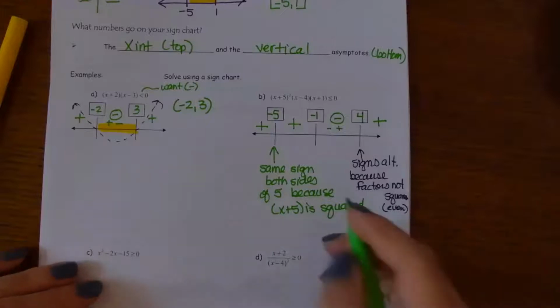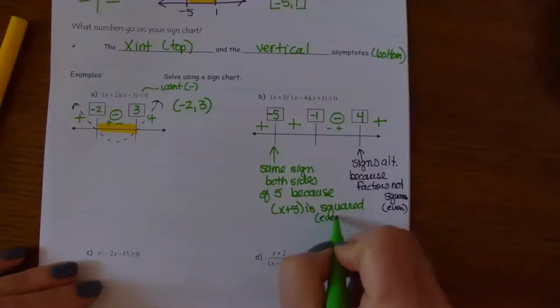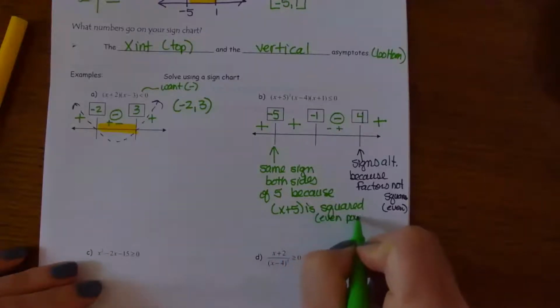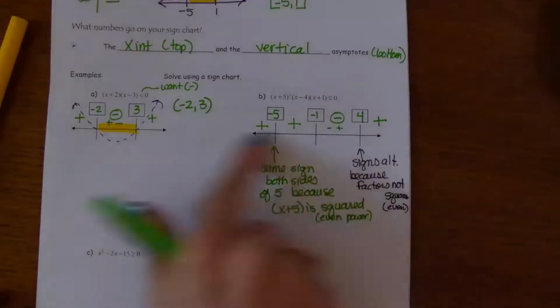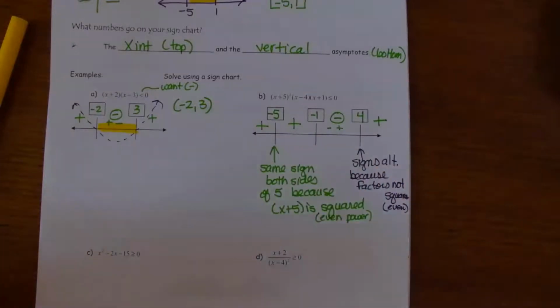And I'm going to put here even power, because if it was the 4th power or the 6th, that would have the same end result as a square, right? Does everyone get how we decide if we should alternate signs or retain the sign? That's a huge deal, because if you had to do 5 of these on a test, you're plugging in 5 numbers to find 1 on each one instead of plugging in 25 numbers, right? We don't want to work that hard.